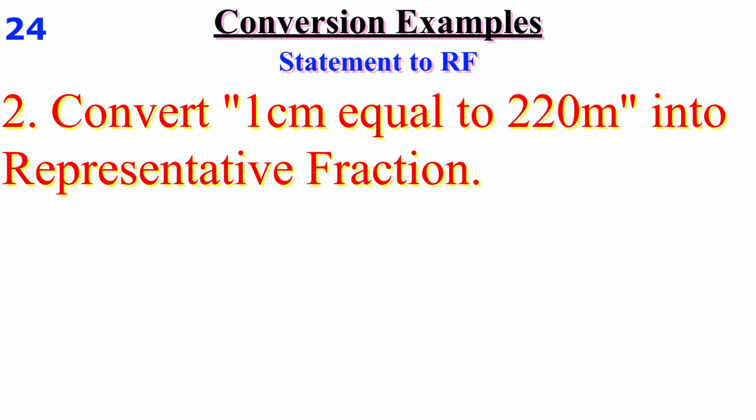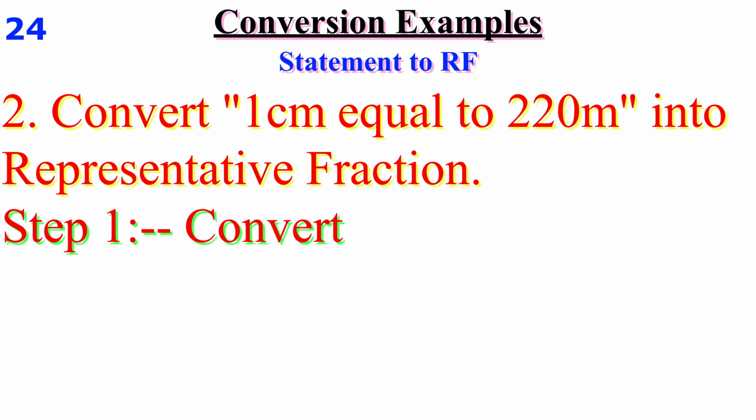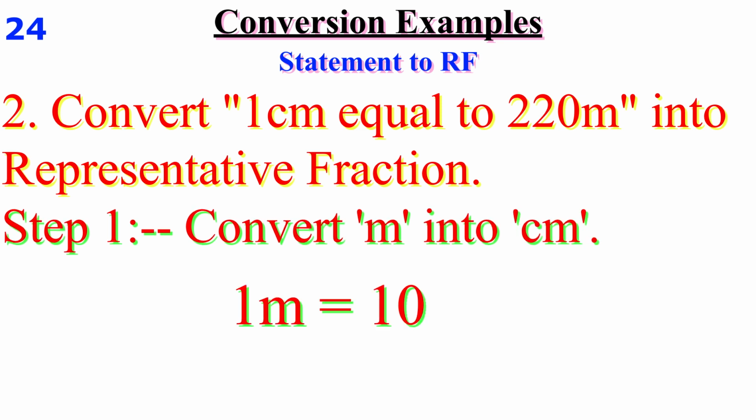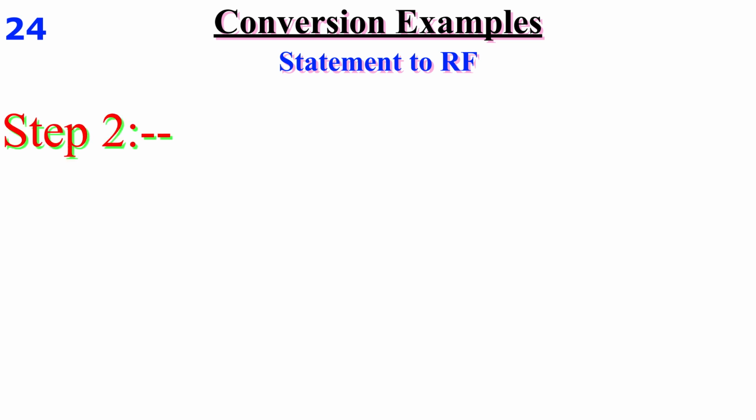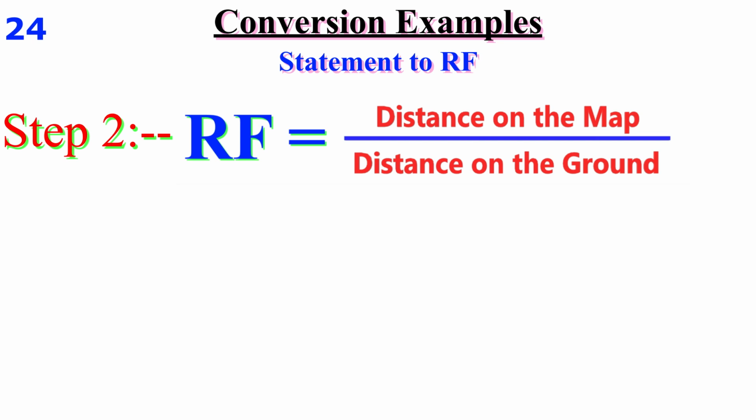Okay. Next example. Convert 1 cm equal to 220 meter into representative fraction. Step 1. Convert meter into cm. 1 meter equal to 100 cm. 220 meter equal to 100 into 220 cm. Step 2. RF equal to map distance in cm by ground distance in cm.